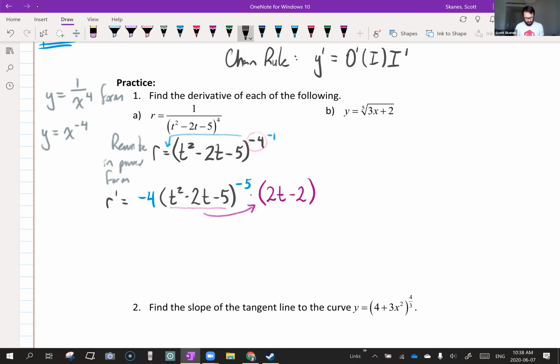And that is our chain rule. That is how it works. You get the derivative of the outside first, and then get the derivative of the inside. So this would be okay. It's not simplified, but it would be acceptable. Before I move on, any questions on that one?